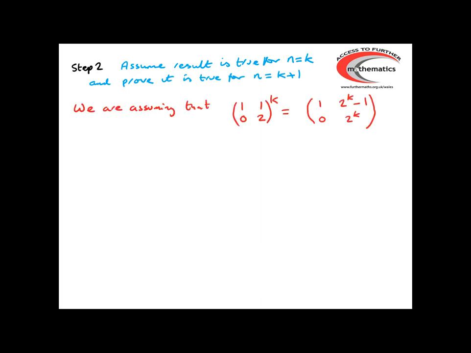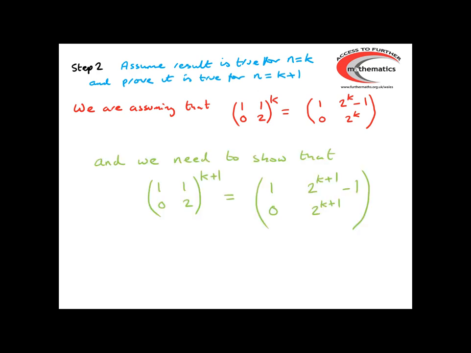So we are going to assume that (1, 1; 0, 2) to the power k is known to be (1, 2^k - 1; 0, 2^k), and we're going to try to show that (1, 1; 0, 2) to the power k plus 1 is the same as (1, 2^(k+1) - 1; 0, 2^(k+1)).